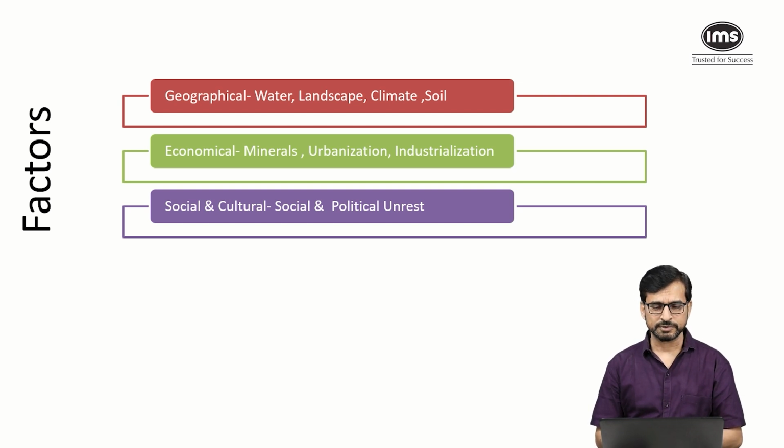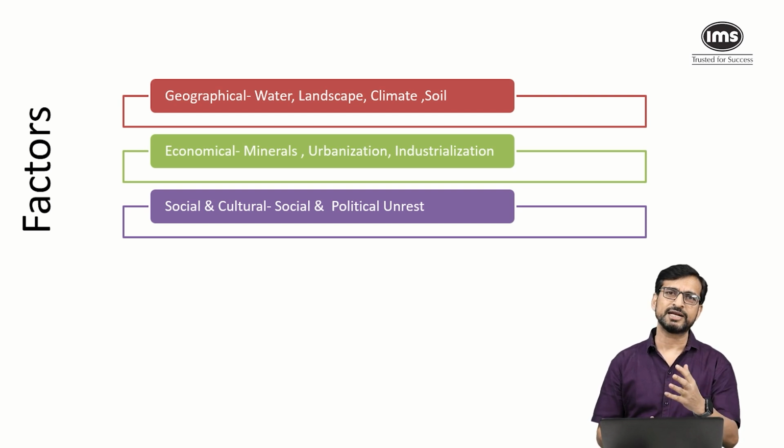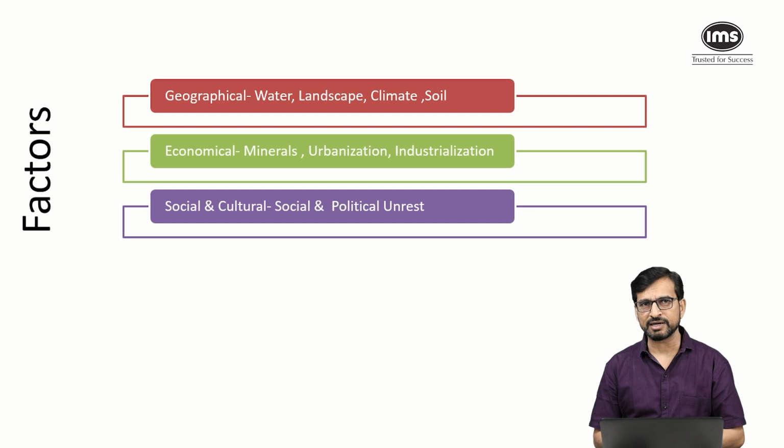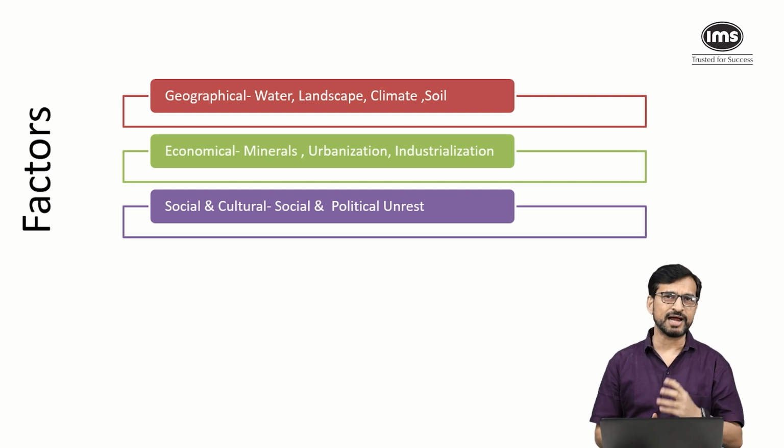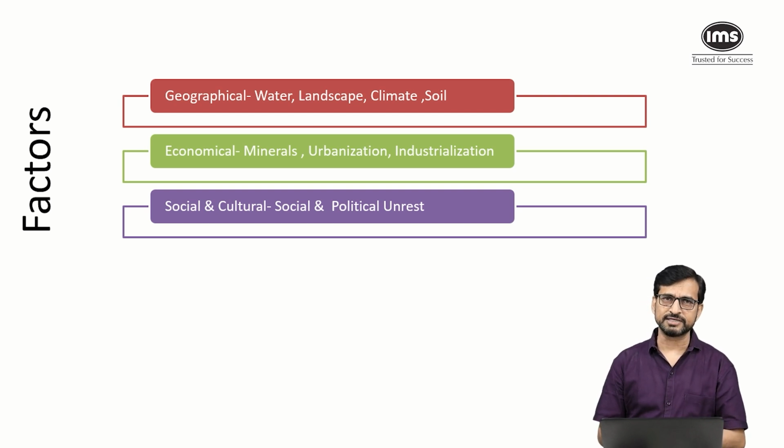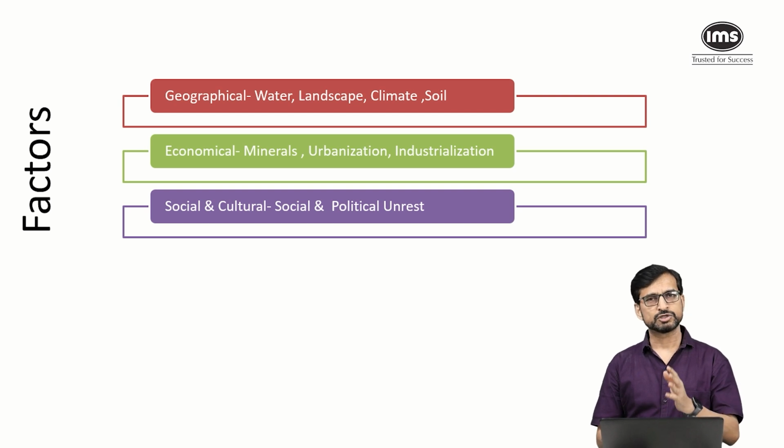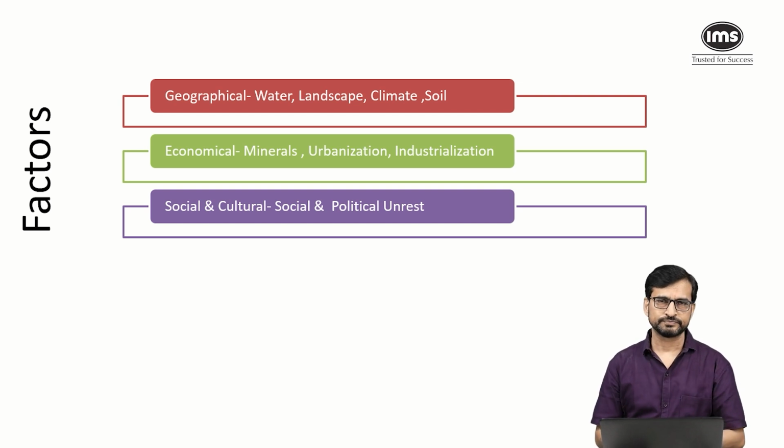Of course, the factors which affect our decision to reside at some place. You can compare it with your own life or your parents' life. Whichever city you are living in today, what are the factors which have contributed to it? There can be three major factors: either the factor is geographical, or economical, or social or cultural.